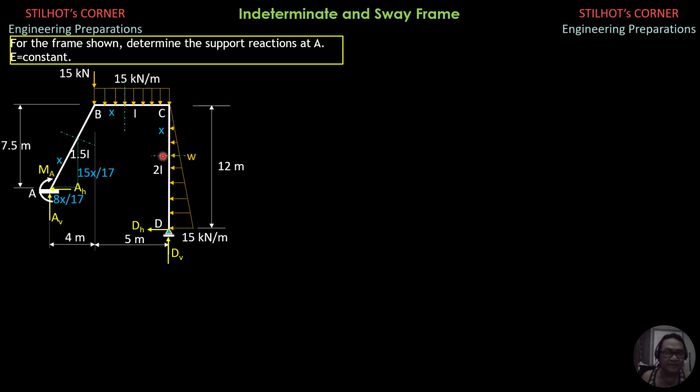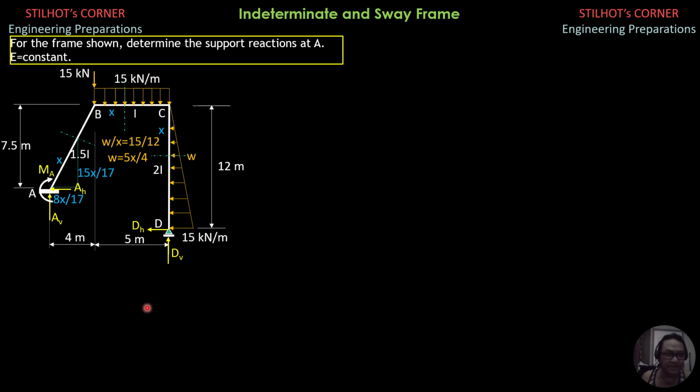So expressing w in terms of x by similar triangles, w is to x equals 15 is to 12, so w is 5/4 of x. So the moment later in this section is 1/2 of x, 5/4 of x, x over 3, so that's 5 over 24 x cubed, minus 5 over 24 x cubed.